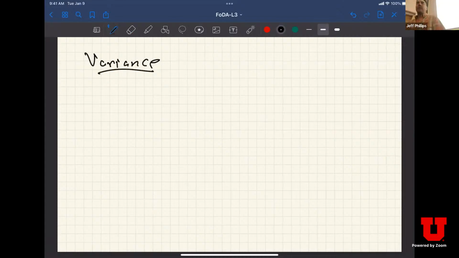The variance talks about how spread out a distribution is. We saw this with that plot of the normal distribution. For a random variable X, it's written in terms of the expectation. It's how spread out it is with respect to the expectation.